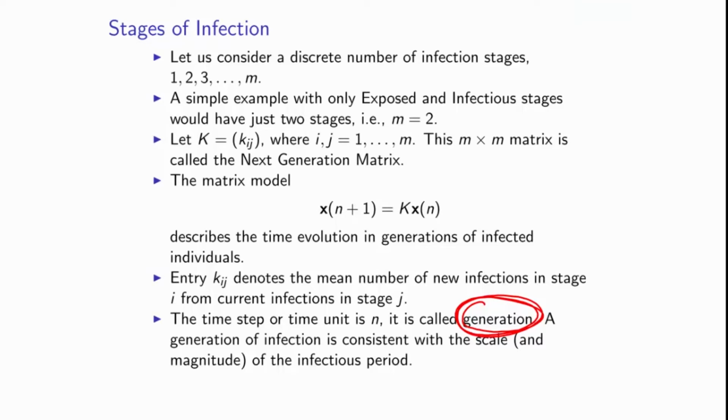But in the context of infection, the offspring, right? If this were in the context of a population of animals, these types of matrix models are very common to describe populations of species, where the stages 1, 2, 3 are a simple way of describing age groups.